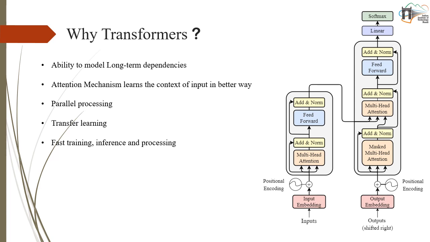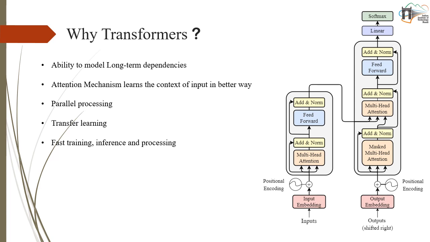In contrast, transformer-based architectures excel at modeling long-range dependencies by employing the special self-attention mechanism. What this self-attention mechanism is mathematically, I will be telling you in the next slides, so don't worry about that.